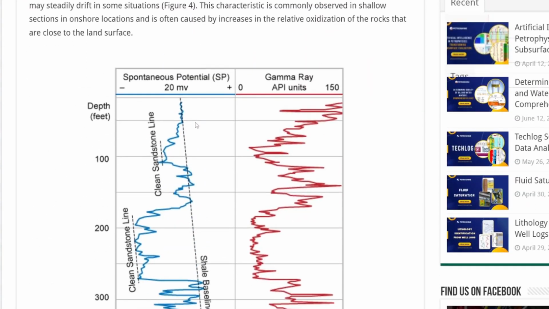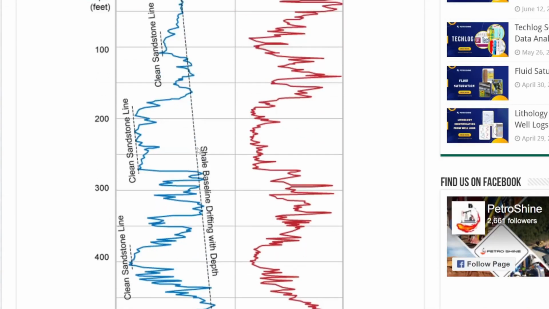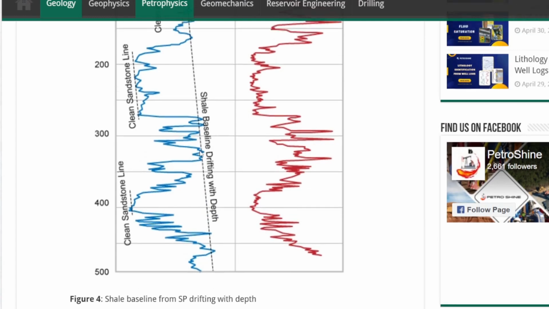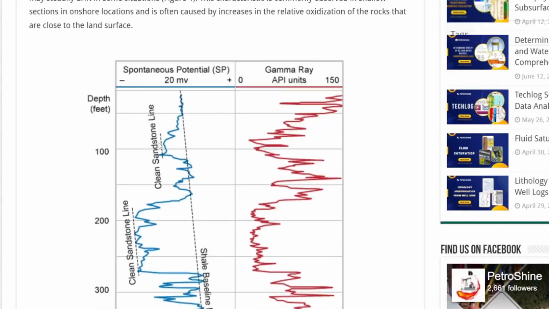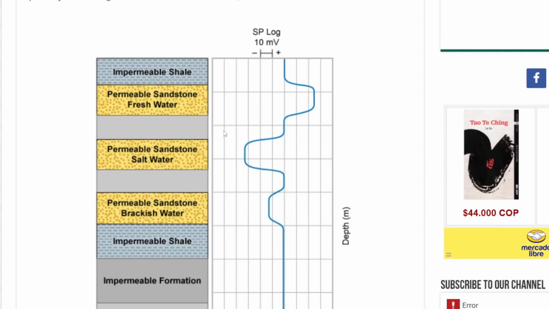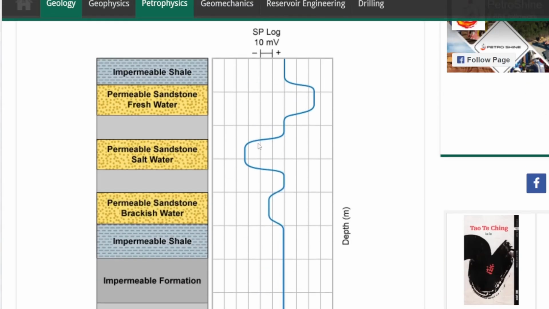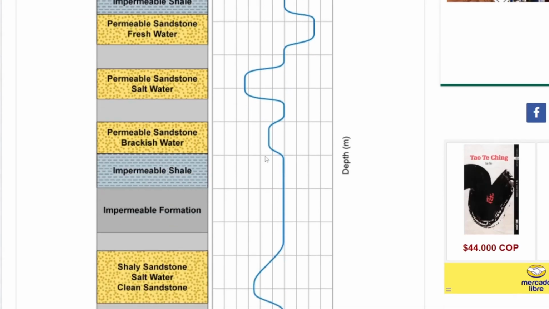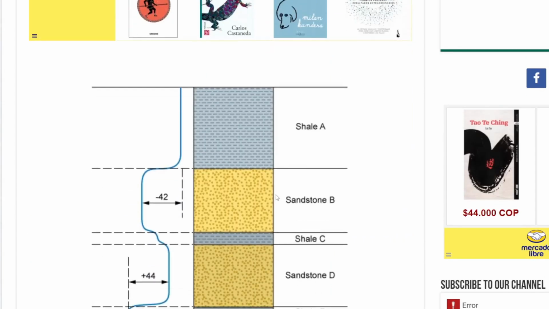And again, the same graph that we were seeing everywhere, that there is some shale baseline drifting with depth, and that happens because of variation in salinity. And again, this is for wastewater, for salt water, permeable, brackish water. This is the same example that we were looking at before.